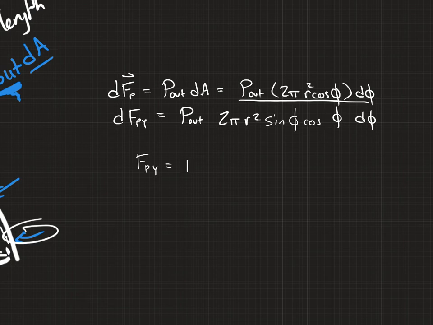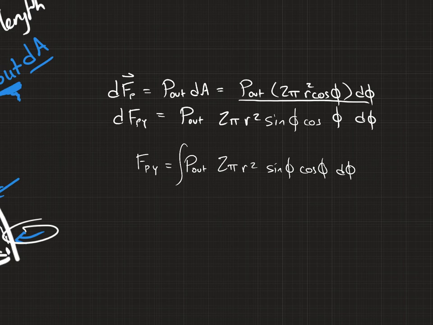All right, so here we go. P out, we're going to integrate 2 pi r squared sine of phi cosine of phi d phi, noting that sine and cosine are the derivatives and integrals of each other.